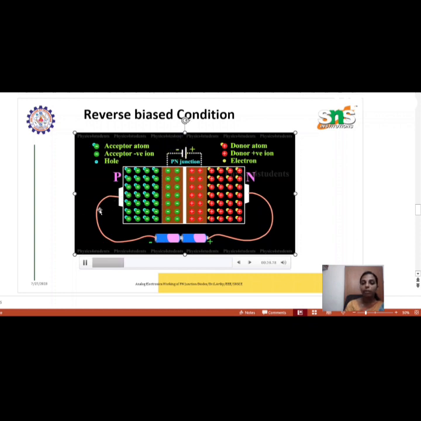Opposite poles attract each other, and so the holes from the P type will be moving towards this side, and so the depletion region enlarges in the case of reverse bias condition. So in reverse bias, normally flow of current will not be there initially until and unless a breakdown takes place. So forward bias is the bias which is commonly used for a PN junction diode.